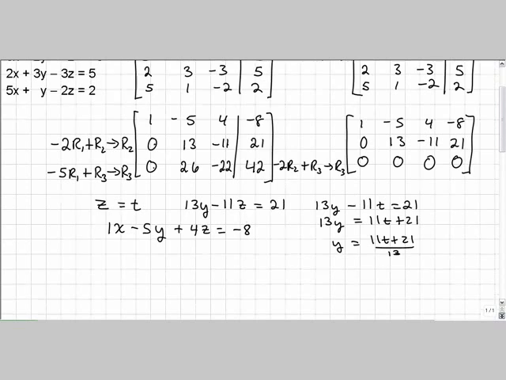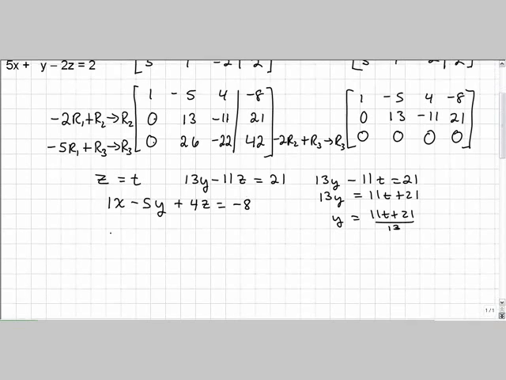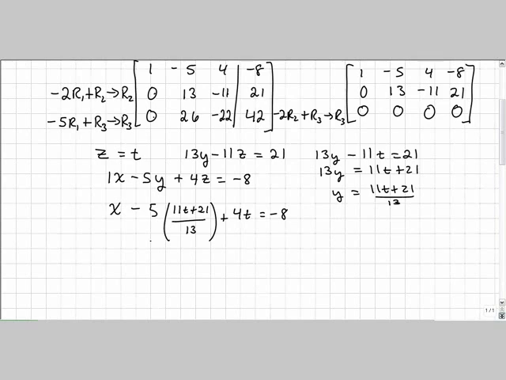So now, plugging in what we know: x minus 5 times, for y, I'm going to put in (11t plus 21) over 13. For z, I'm going to put in t. And now I need to solve this for x.